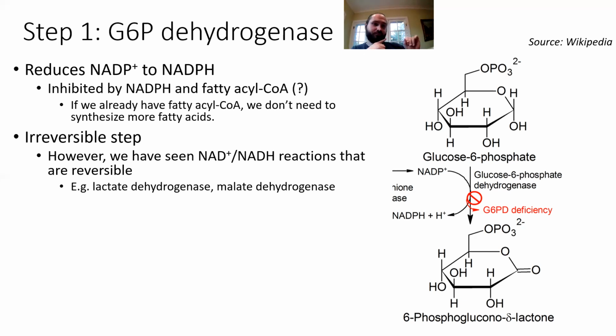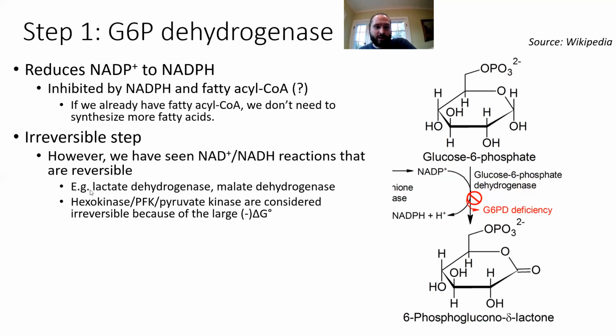But also, one of the things we mentioned with lactic acid fermentation is that lactate is also sort of a reserve storage of pyruvate for when the citric acid cycle is backed up and we don't want to send pyruvate into the mitochondria until the citric acid cycle has used up more of its substrates and has room to take on more substrates. So both of these are reversible reactions. So why would this one be irreversible?